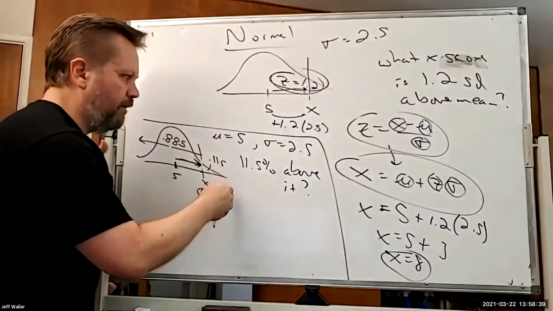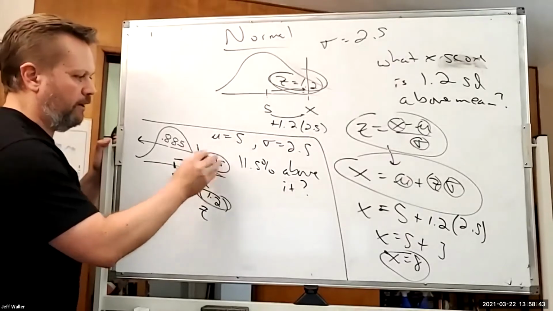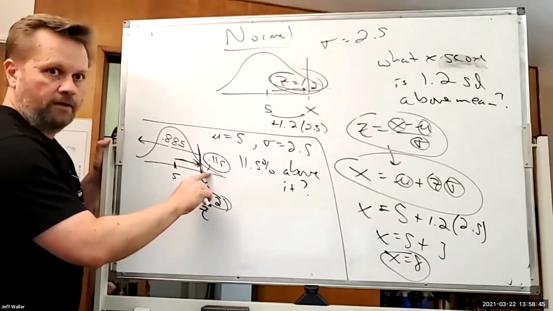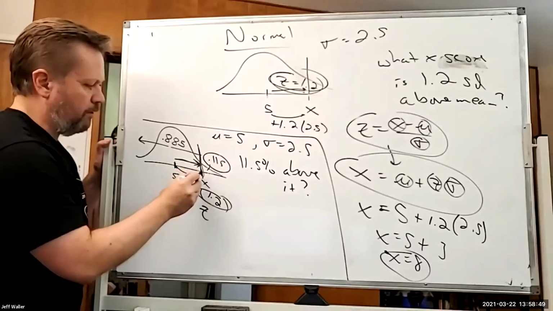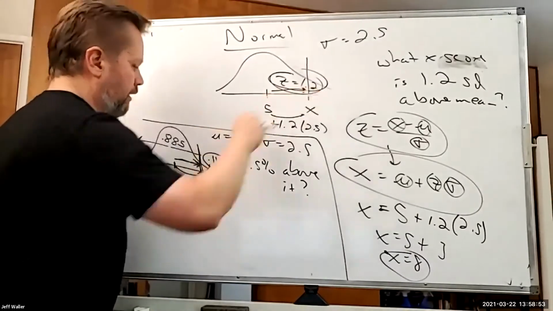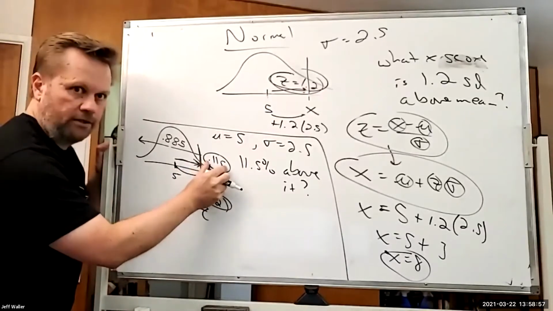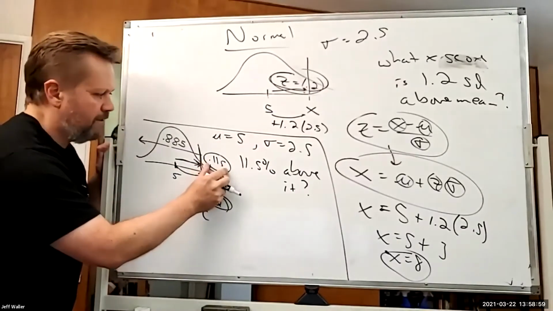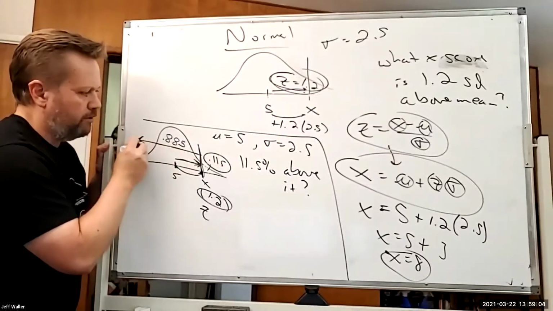This problem, I didn't tell you where you were. I told you what area there was supposed to be there. So then I'm like, well, I got to figure out how far I've got to go. Here I told you how far to go. Here I didn't tell you how far to go. I just told you what area I wanted there to be. So the area on this side, because that's what the chart understands.